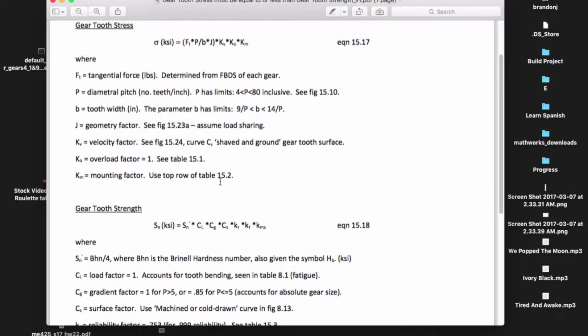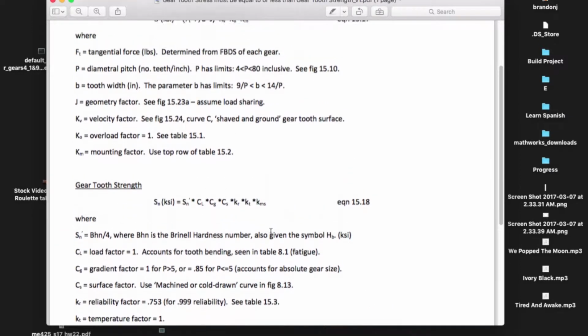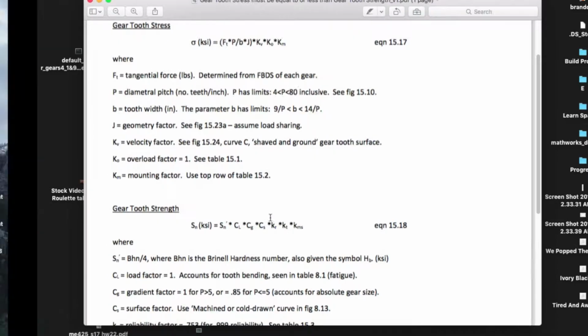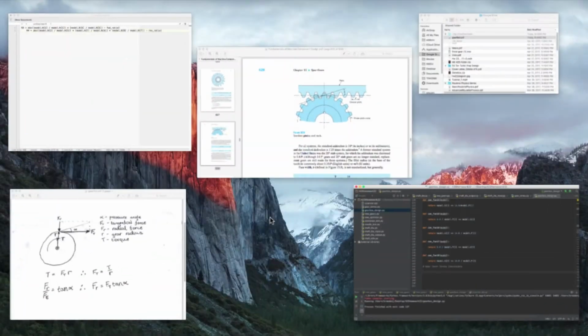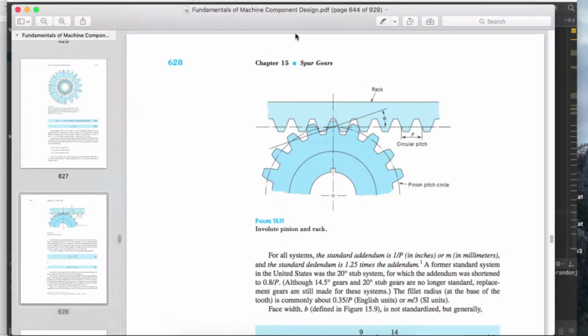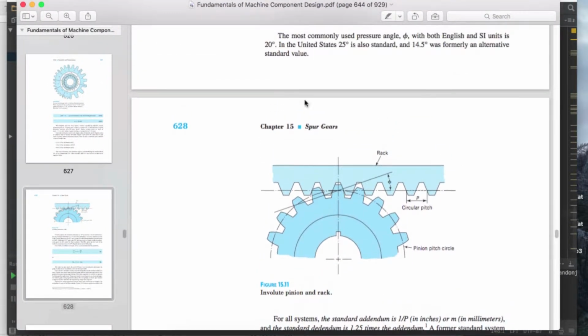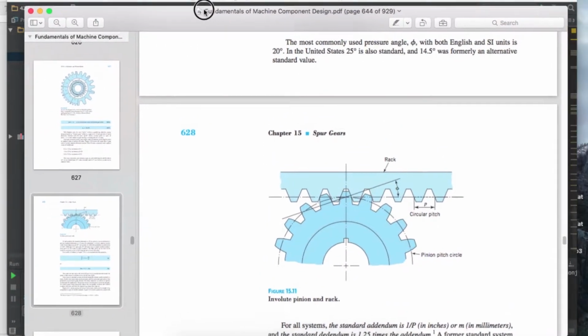So these are strictly empirical. There may be better approximations out there, but these are the ones we're going to use. These equations come directly from the Fundamentals of Machine Component Design textbook, which can be found online for free.